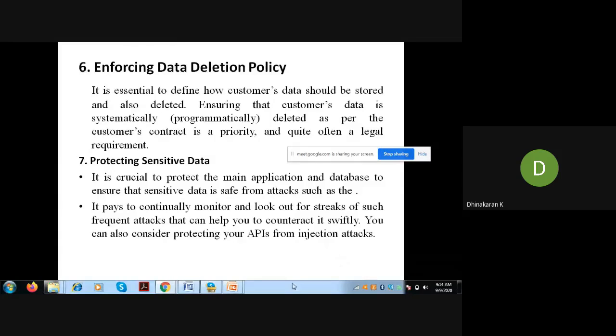They mentioned injection attacks. When somebody attacks us, they try to interact with your database, and sometimes the database also tries to interact with the attackers. So how are we going to prevent injections, like SQL injections, and protect our data? That is based on protecting the sensitive data. It is one of the important solutions here.